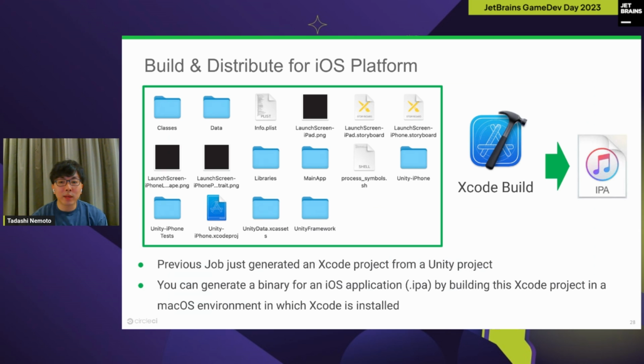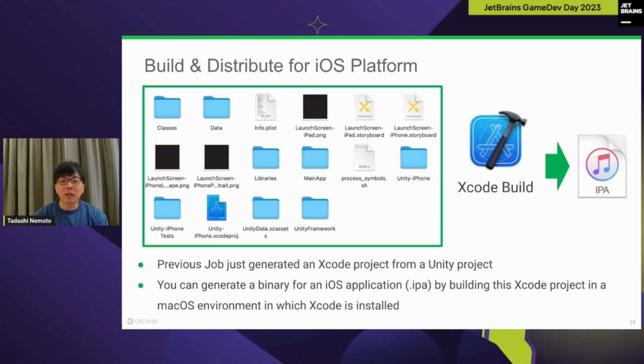However, there's a difference in building between the Android platform and the iOS platform. For iOS, the previous job just generated an Xcode project from a Unity project, not the application binary, compared to the Android pipeline, which I showed.